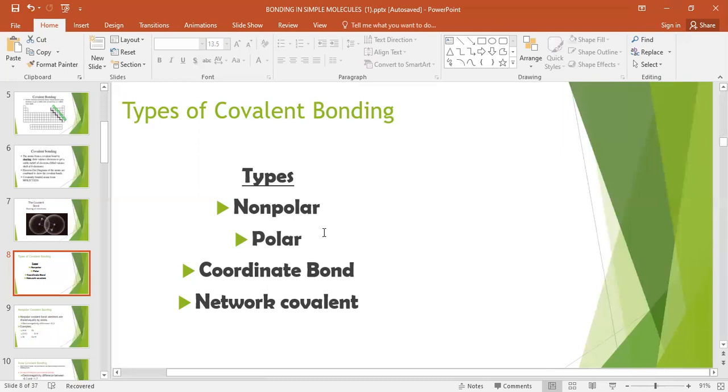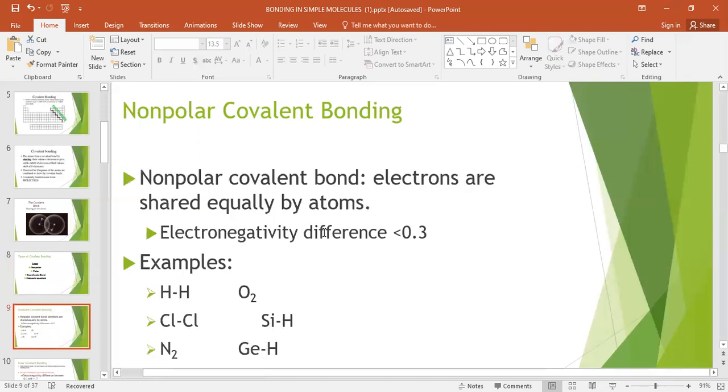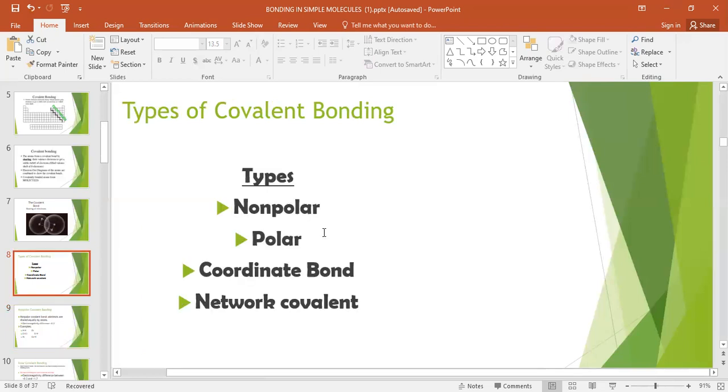In non-polar covalent bonds, electrons are shared equally by atoms. Equal electrons they are going to share. And in polar, unequal. So use only the words equal and unequal. If they show equal sharing between two atoms, we call it non-polar. If they show unequal sharing, then we call it polar.